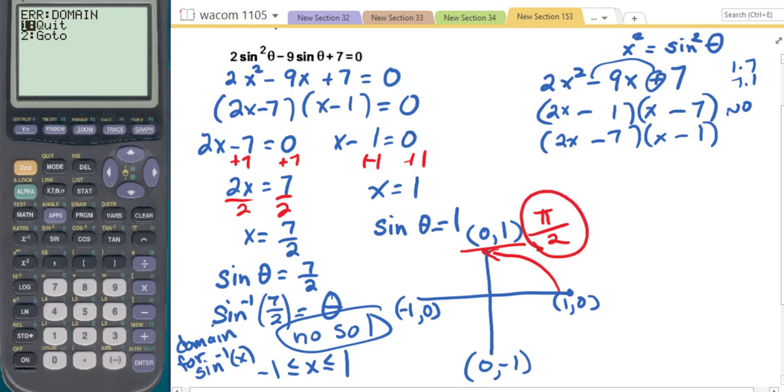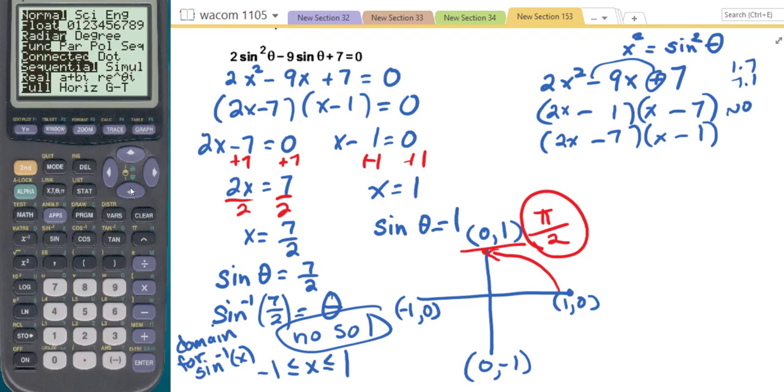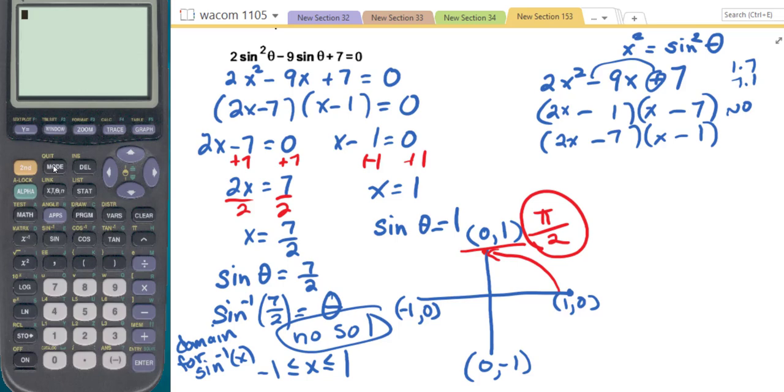All right, a couple of things I said I would go back to here. If I check this one on the calculator, if you're looking for an angle, you might rather be in degree mode so that you could recognize the angle. So I'm going to switch my mode to degree. Enter. Second quit.